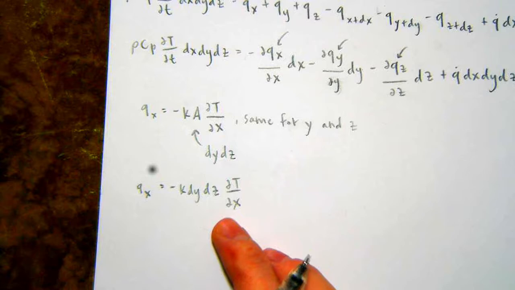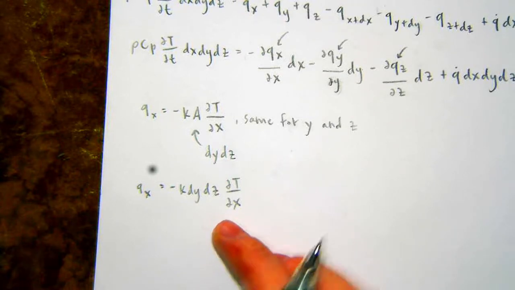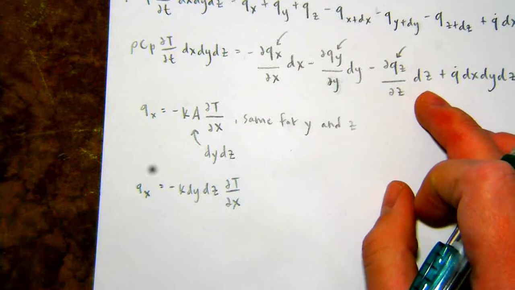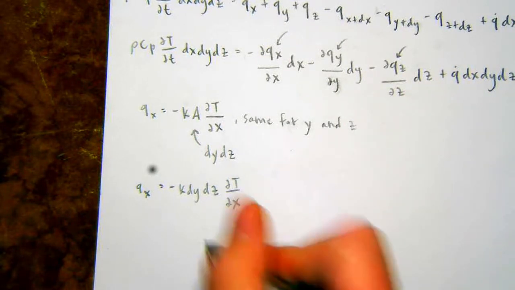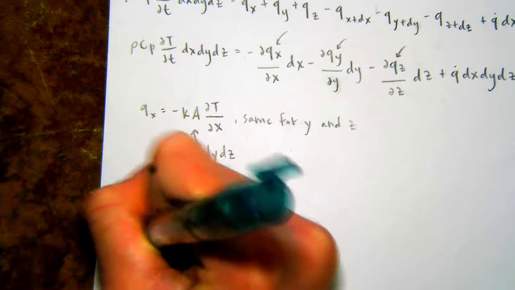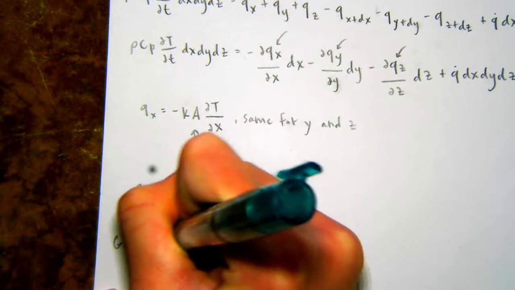And then if we take all of those terms and substitute them into the form of the heat diffusion equation that we had and simplify it, we get the general form of the heat diffusion equation that we'll use.